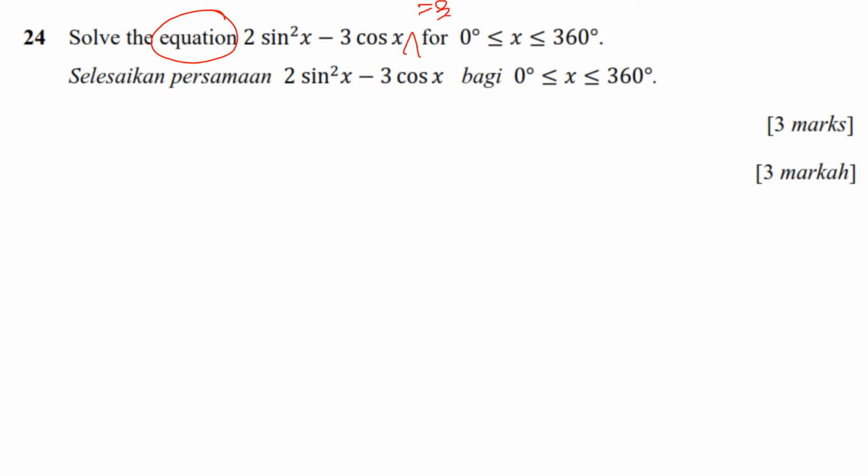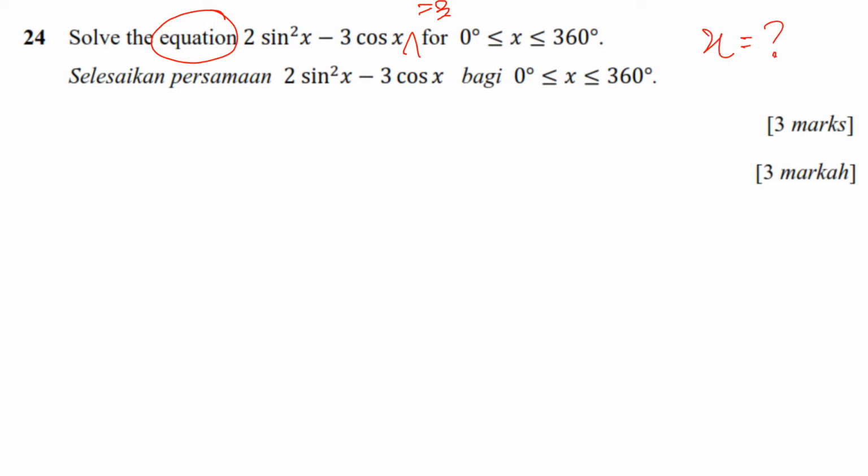Right. So then it says solve the equation 2 sine squared x minus 3 cos x equals to 3, for the value of x between 0 and 360 degrees. Solve means here you need to get the value of x, the angle.